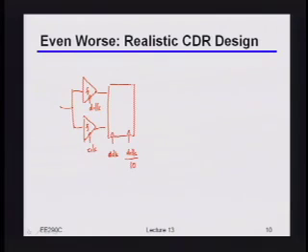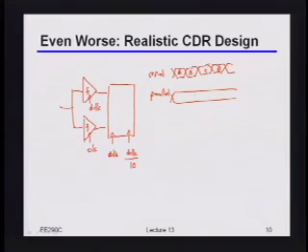So the idea would be that I have my incoming data stream that's coming in at, again, let's say 12 gigahertz or 12 gigabits per second. This is my so-called serial stream. And the parallel stream would basically be, if this is, let's say, A, B, C, D, the parallel stream would be something like, I have this A for some period of time. I also have that B for some period of time.